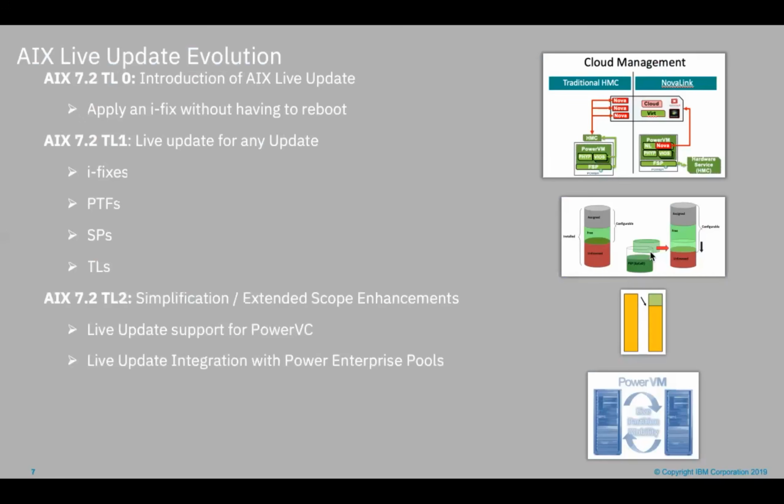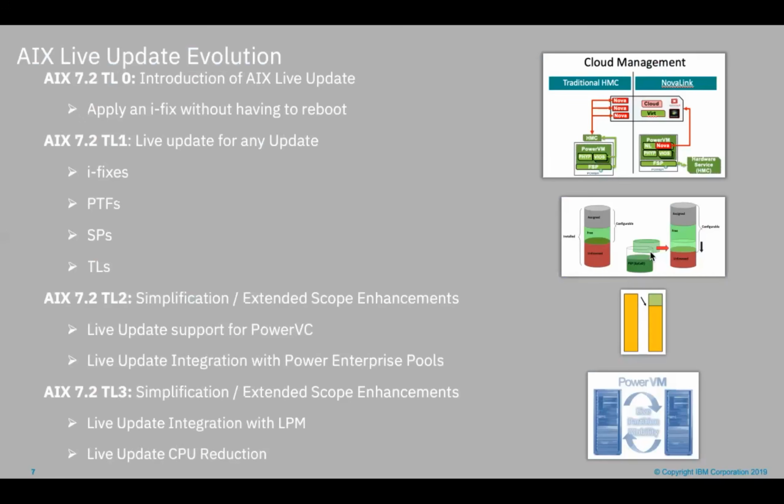Then in TL2 and TL3, we looked at introducing some simplification and enhancements to the Live Update process itself. We started to introduce support for PowerVC, support for Power Enterprise pools, support for live partition mobility, and some Live Update CPU reduction capabilities. So as you can see, the product and the tool, the feature has really gone through some extensive growth over the time.